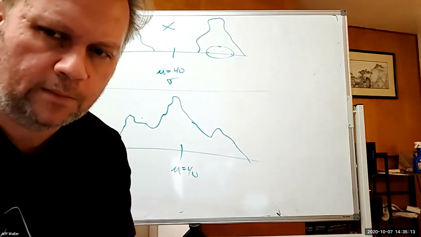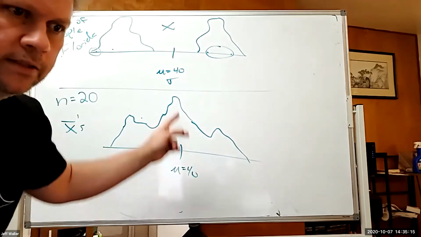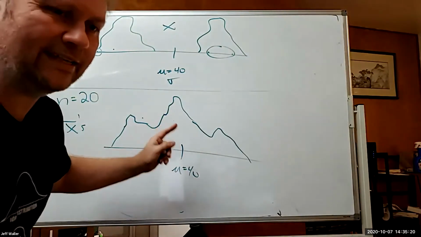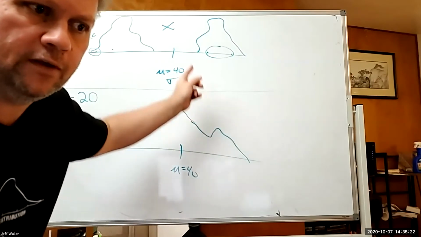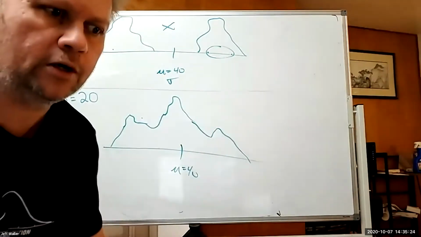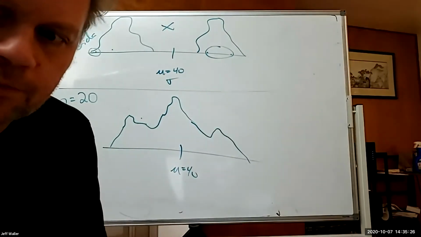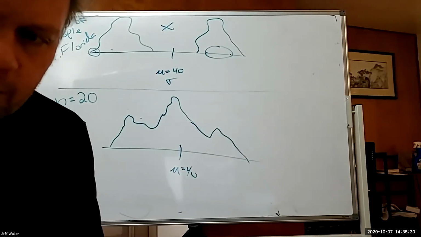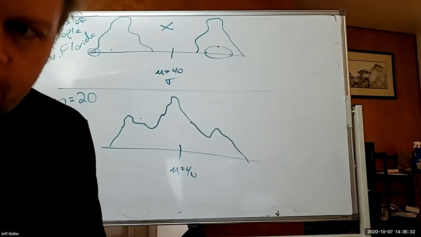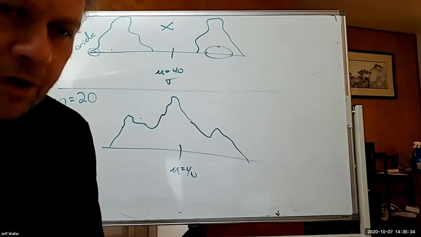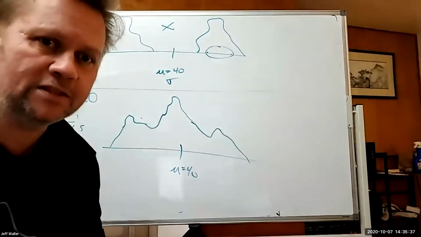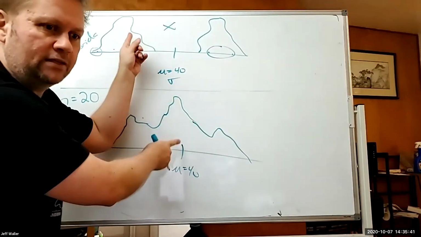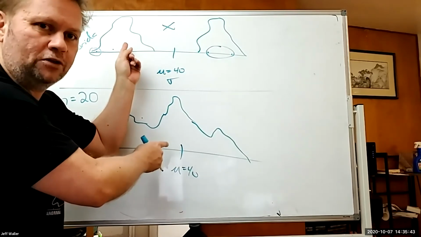Okay. Maybe. So the mean stays the same. But which one of these has a smaller standard deviation? If you remember what standard deviation means. Second one? Second one definitely has a smaller, because what's standard deviation? It's the average distance from the mean. So which one of these stays closer to its mean?